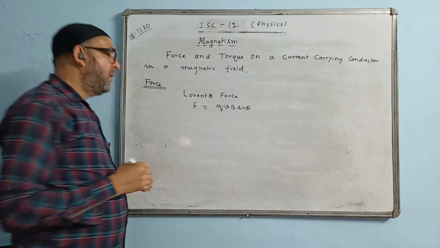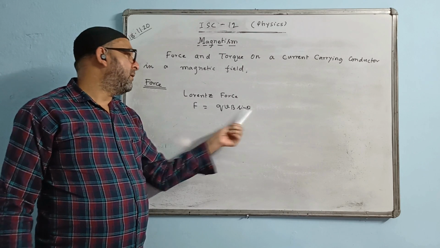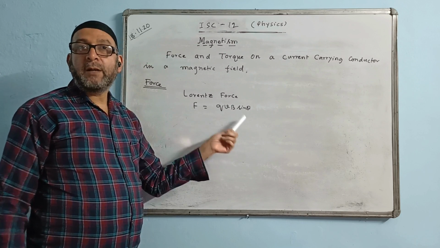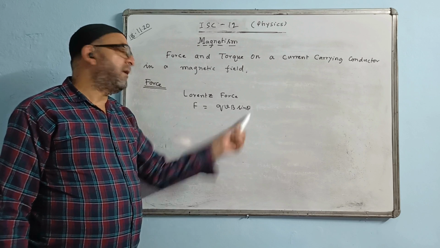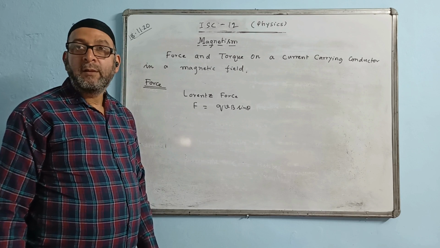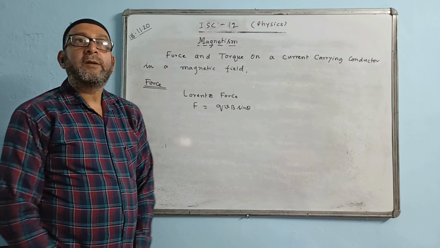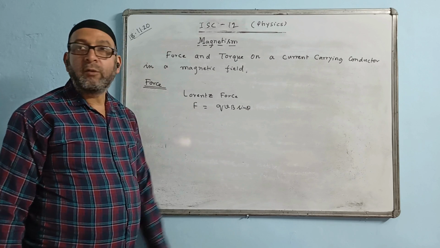If you remember, when theta is 90 degree, the force is maximum and the path is circular. And when theta is 0 degree or 180 degree, the force will be 0, minimum.